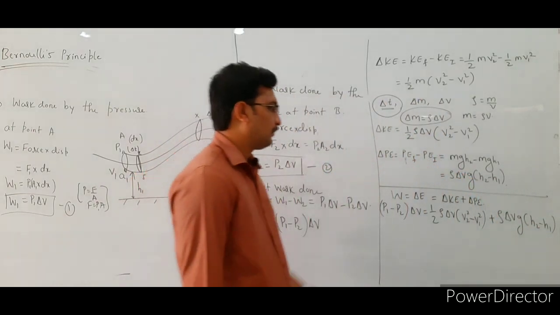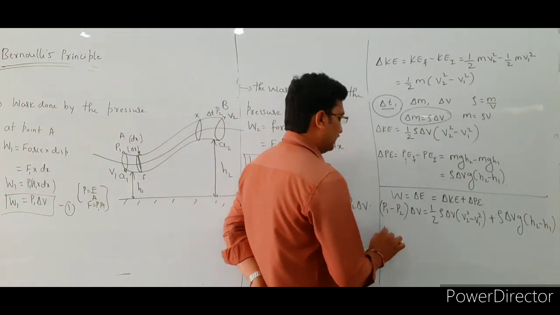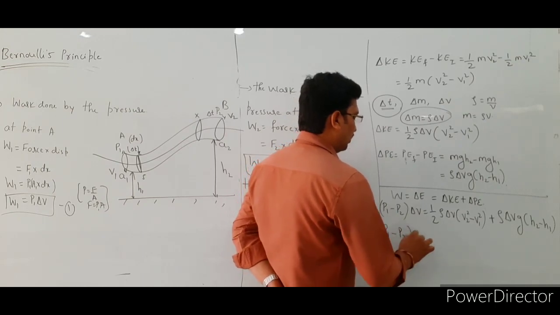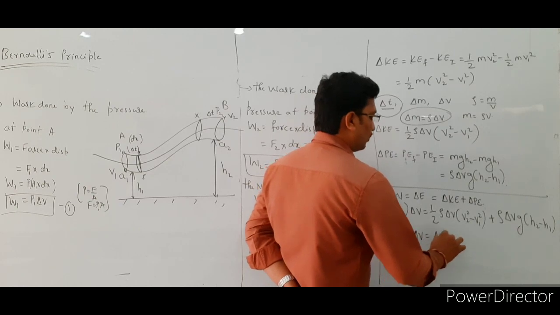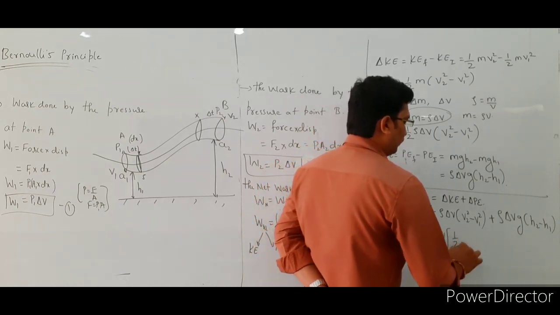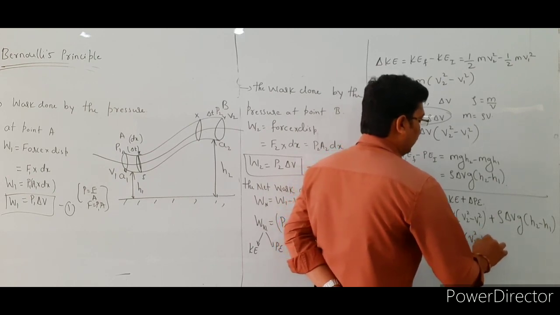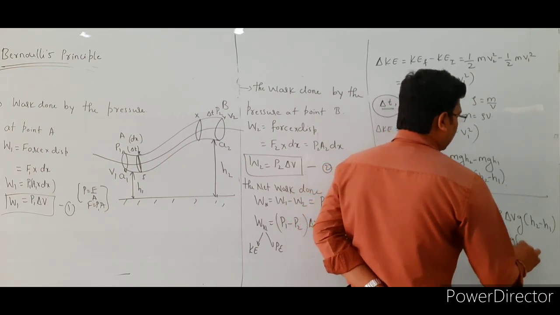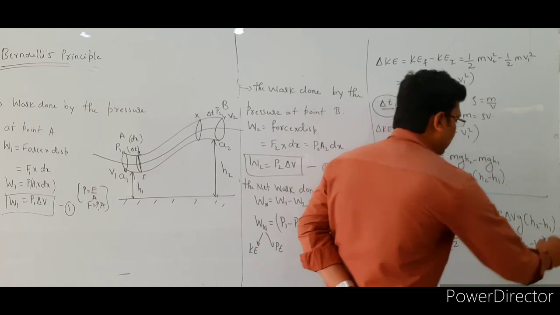So taking del v common, P1 minus P2 del v is equal to del v common, bracket of 1 by 2 rho bracket of v2 square minus v1 square plus rho g bracket of h2 minus h1.